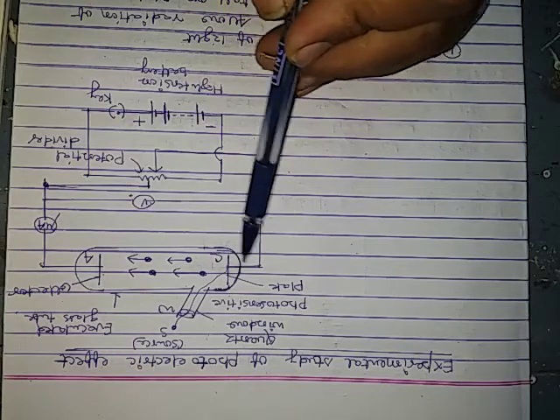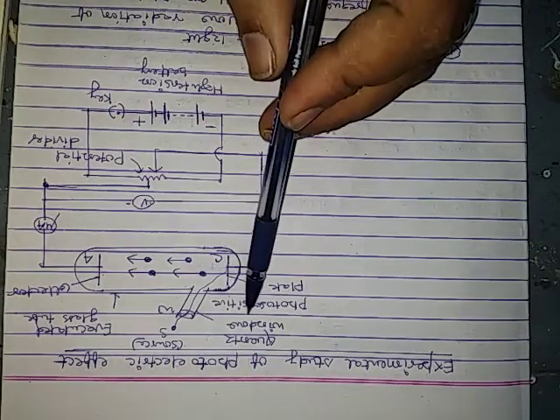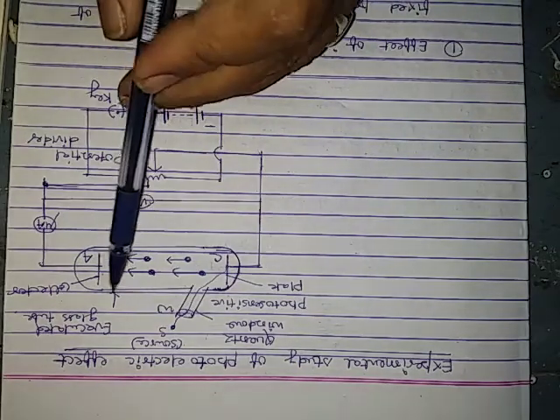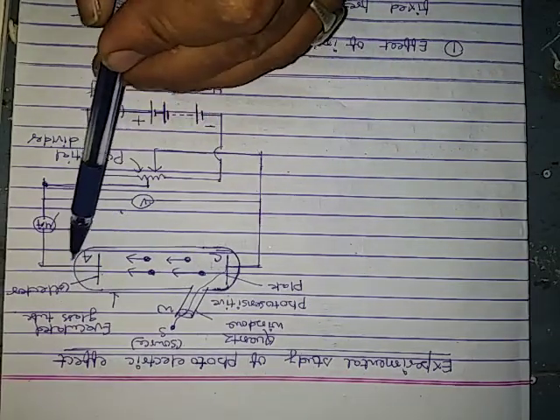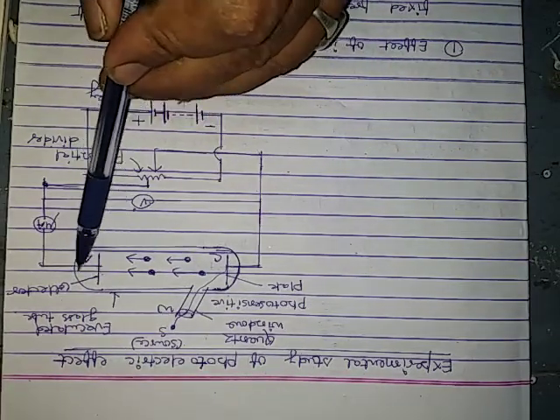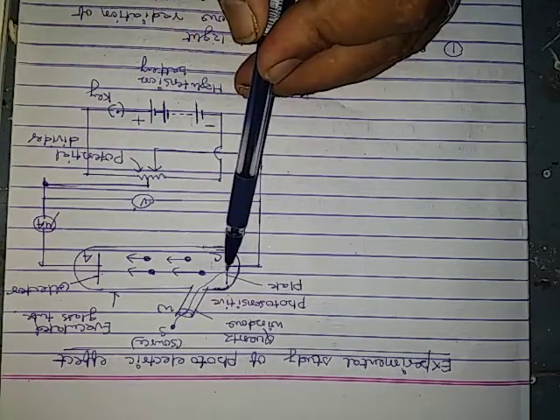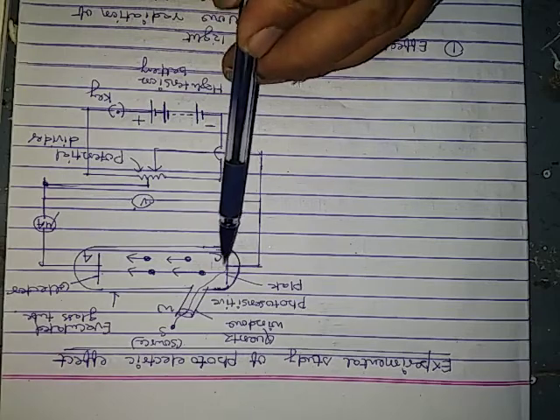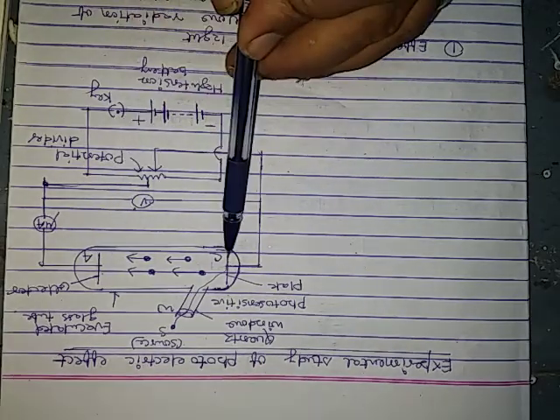It is the photosensitive plate, it is the quartz plate. Now it is the source, and this is the evacuated glass tube. This is the collector, which is placed opposite the cathode.